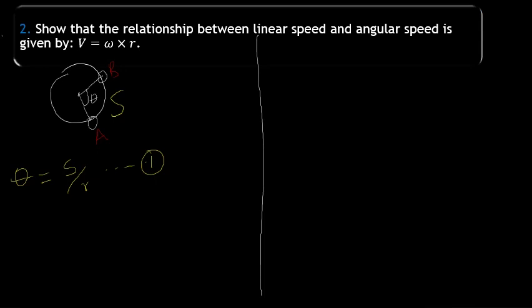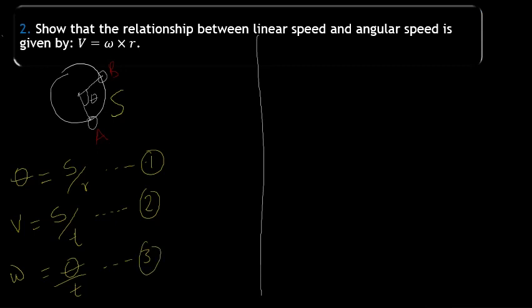I also know by definition that v is equal to S over t, the linear displacement or distance over time. Call it equation 2. And by definition, omega is equal to angular displacement over time. Let me call it equation 3. From equation 1, we get that S is equal to theta times r.